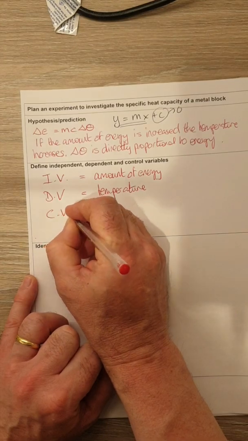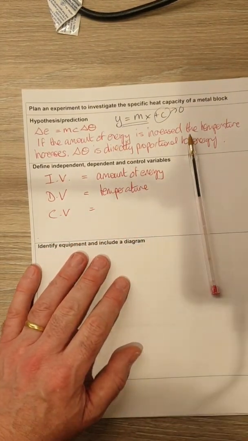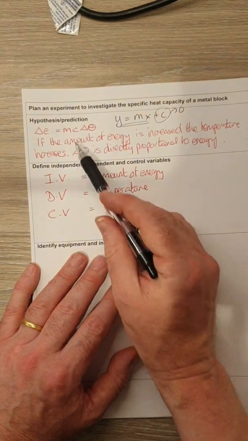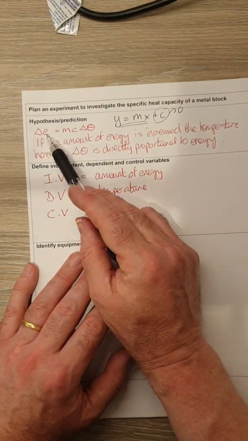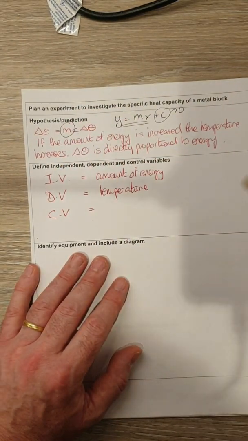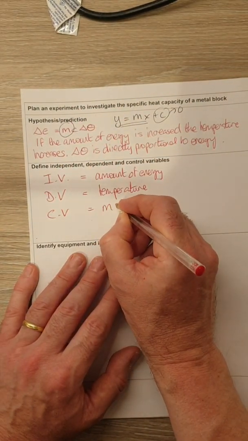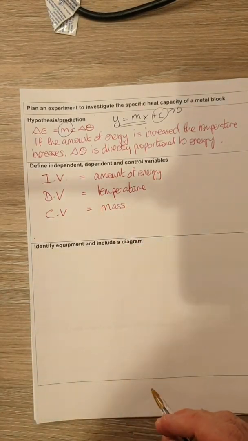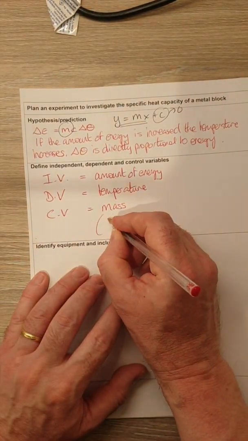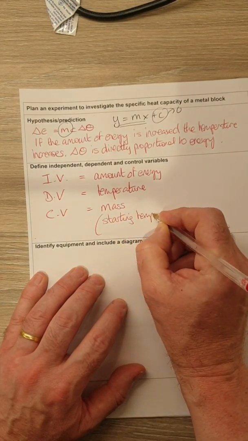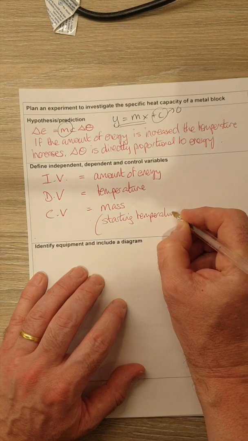And control variables, what are we keeping the same? Well, the nice thing about physics, particularly because it's often based on equations, is it's very easy to see what we need to keep the same from the equation. So one control variable is the mass that we need to keep the same. We could also have, for example, the starting temperature we need to keep the same.